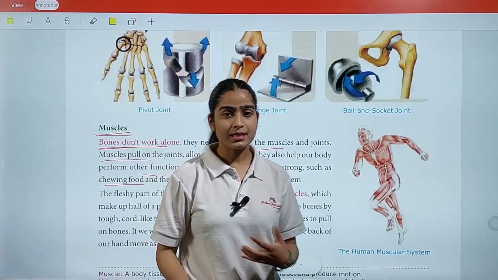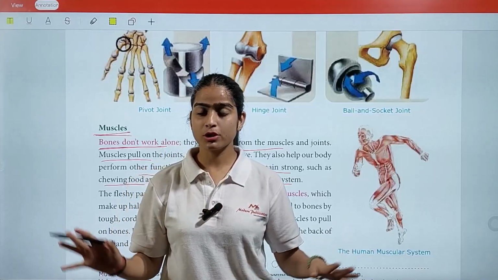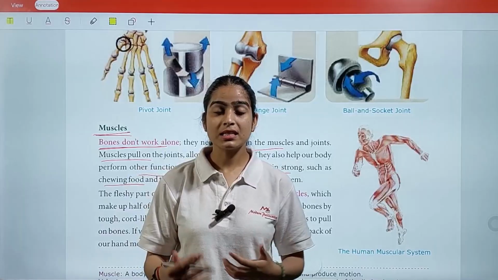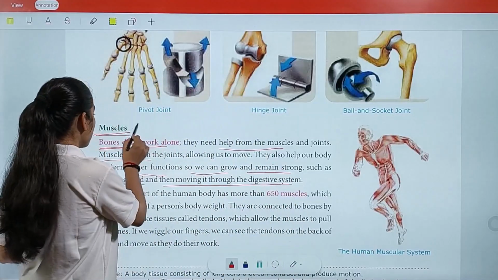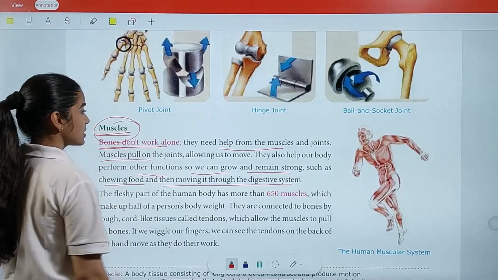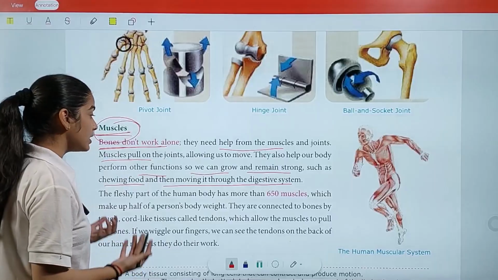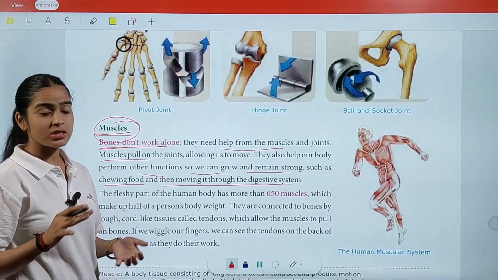So what we understand here is that bones play a very important role in our body, but they cannot work alone. They need some external support as well, which is given by the muscles we have, and these muscles help us to grow further. For example, when we eat food, these muscles are helping us to digest the food.